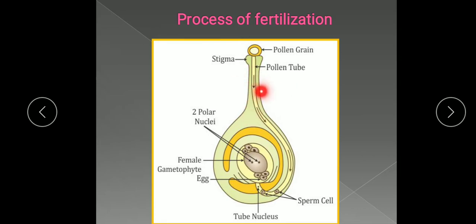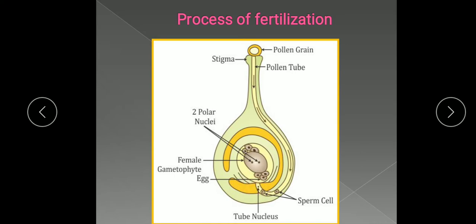This pollen tube secretes certain chemicals, calcium, which dissolve the inner wall of the style and make its way through it. So the pollen tube travels through this style, and the tip of the pollen tube further enters the ovule through the micropylar end. This is the micropylar end.